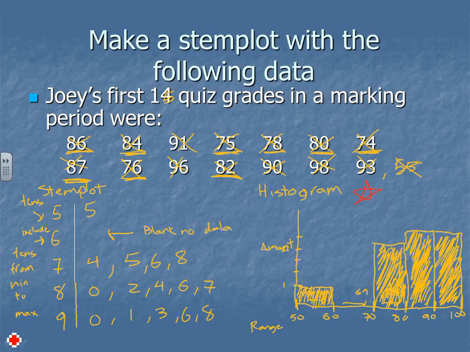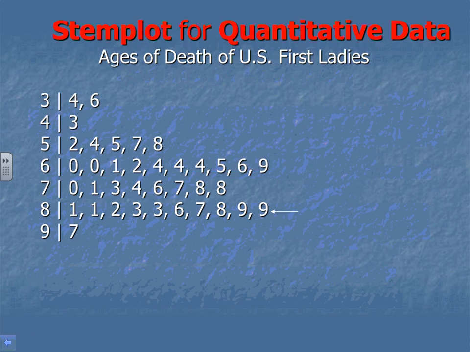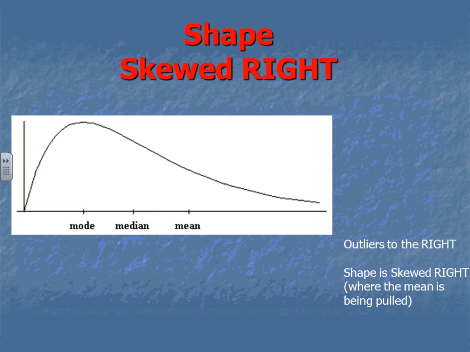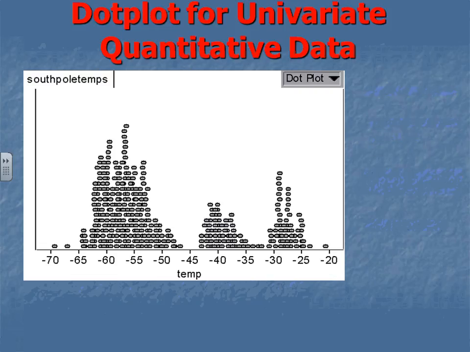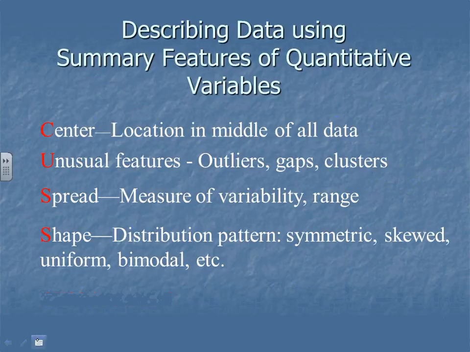All right, well, let's talk about how we're going to analyze this data, like this histogram or this stem plot. We will talk about the following. CUS is how we will analyze and describe the data that we will be able to visualize and see using stem plots and histograms.